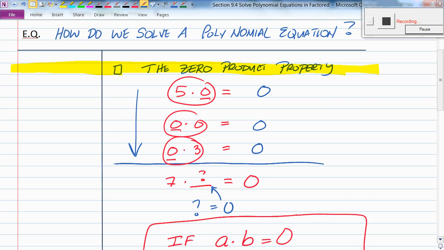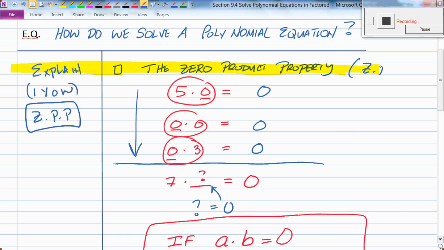How about explain? Explain in your own words the zero product property. Sometimes I call that the ZPP, the zero product property.